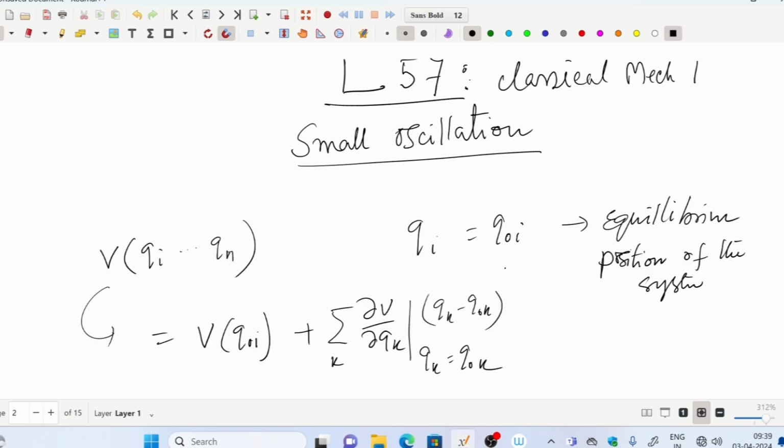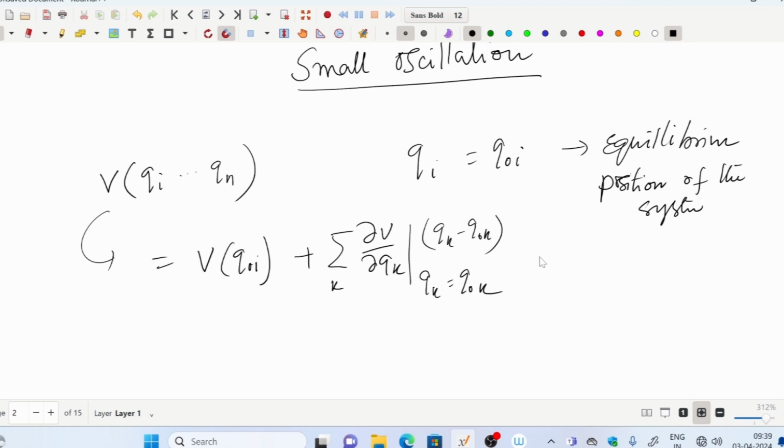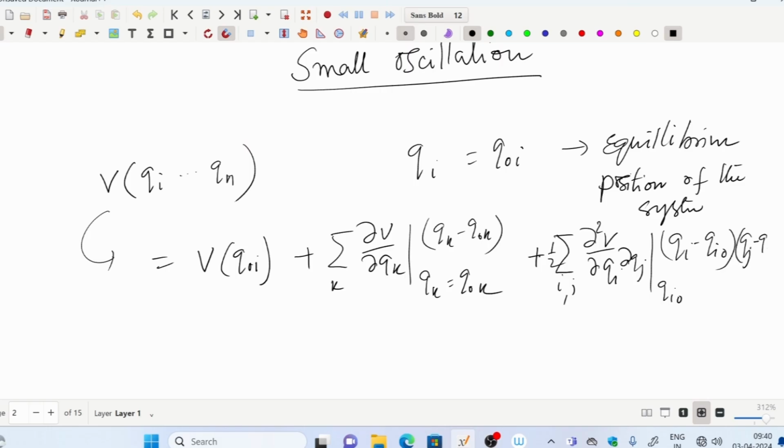But the equilibrium position will be the minima of the system, so we can have this term 0. Then we have half del 2 V del qi del qj, summed over ij, calculated at q0, times (qi minus q0i) and (qj minus q0j).